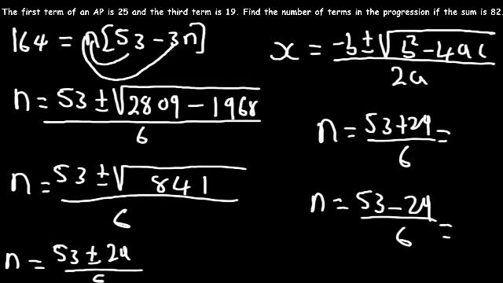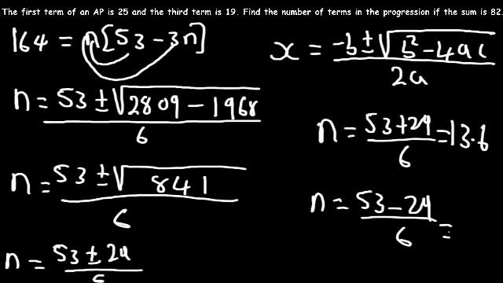In both cases, let's see. n is 53 plus 29 divided by 6, that's 13.6. Well, this can never be the value of n because it is a decimal value.